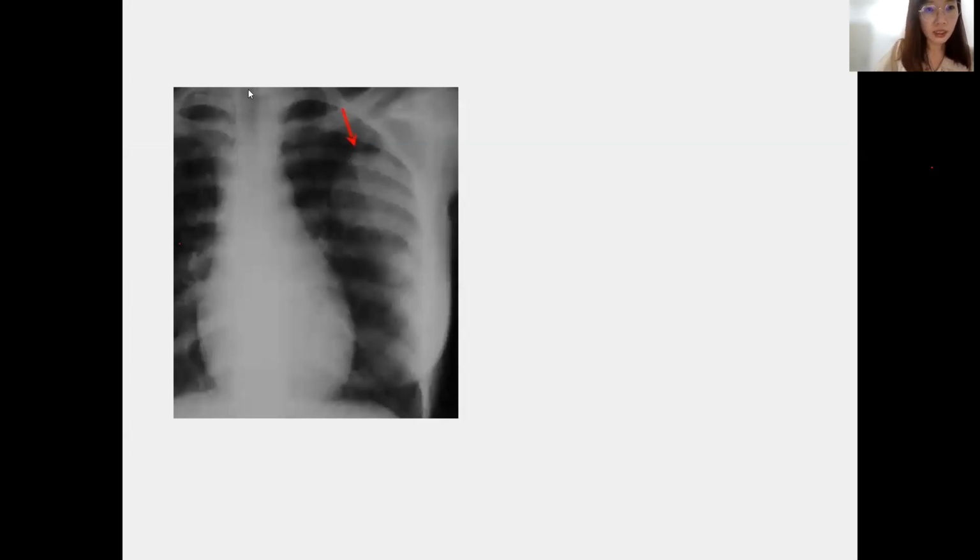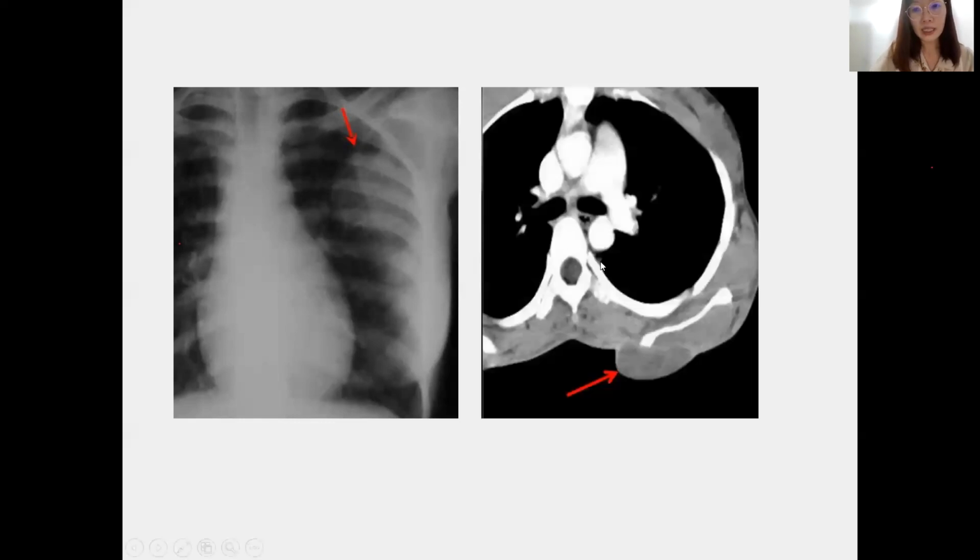Okay, so in this X-ray, you will see an opacity at the left upper lobe here, or left upper zone. When you report the X-ray, we just say opacity at left upper zone. Next, we need to do CT to find out where it's arising from. This one is just an example showing you that although on frontal X-ray it looks like opacity arising from the lung, when we do a CT scan, it's actually from the scapular soft tissue mass here.